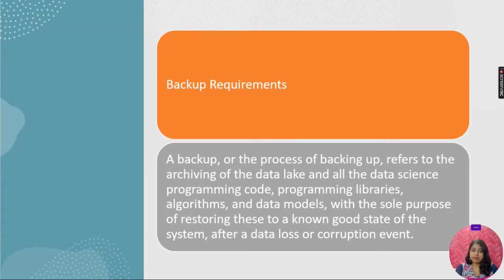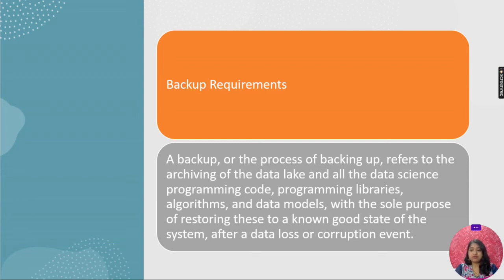Now, backup requirement. Backing up refers to the archiving of the data lake and all the data science programming code, programming libraries, algorithms and data models with the sole purpose of restoring these to a known good state of the system after a data loss or corruption event, because we should store the different states of the system.